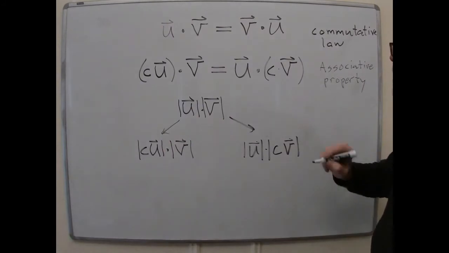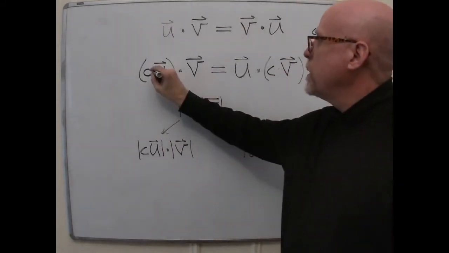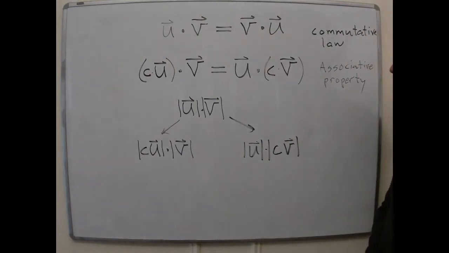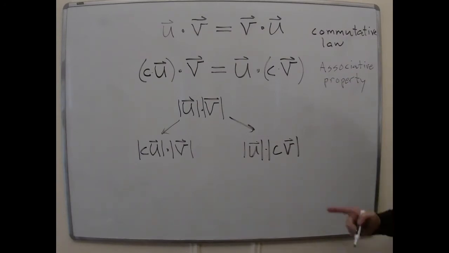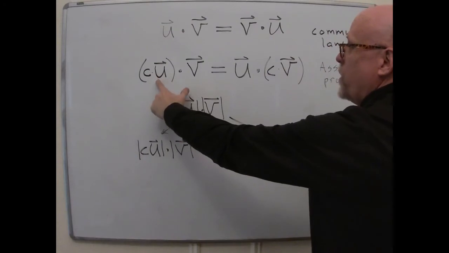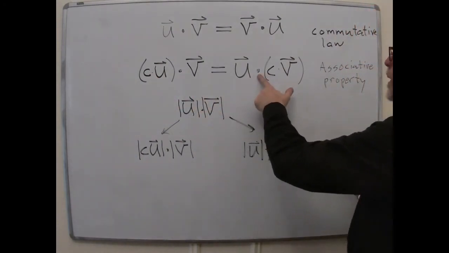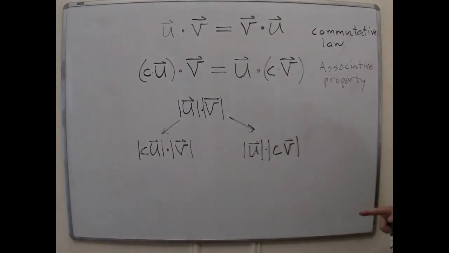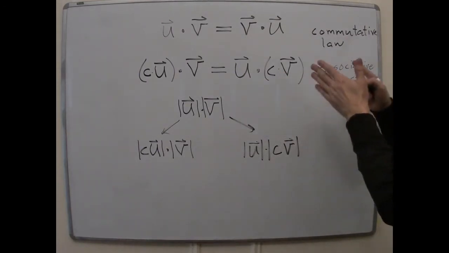The thing that I haven't got a dot for, where c is multiplying v, or where c is multiplying u, that's not the dot product of vectors. That's the scalar product. You're just multiplying u by a real number. So we've got real multiplication of a vector, dot product of a vector, equals dot product of vector and real multiplication.